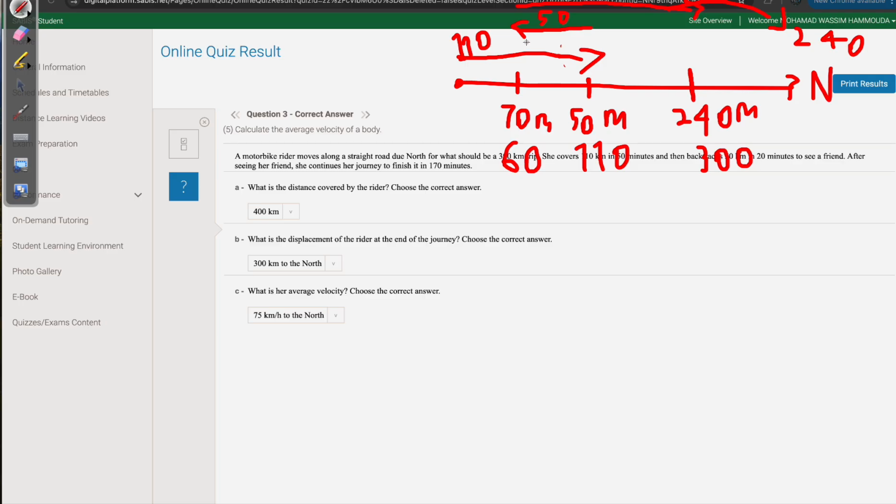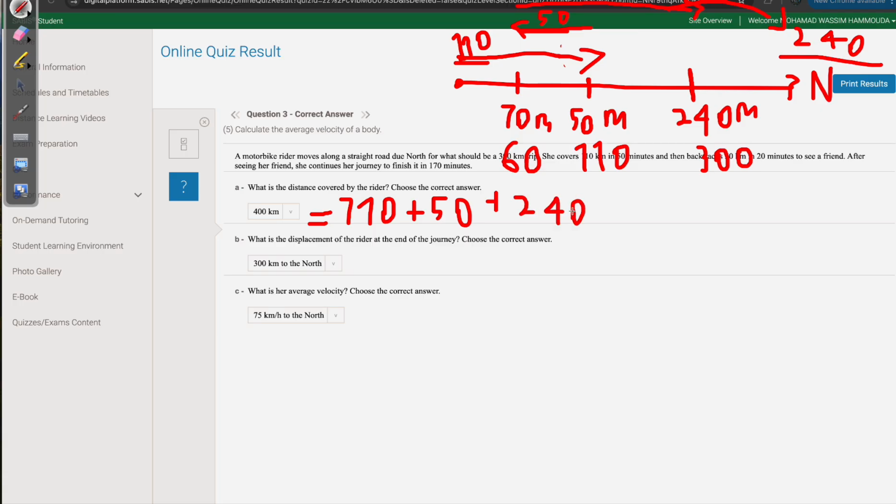That will be 240. And the distance will be all of 110 plus 50 plus 240 added together, which is 400.